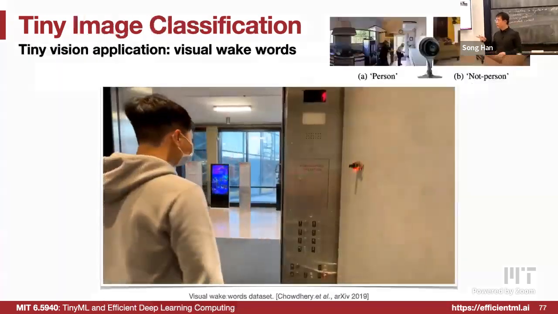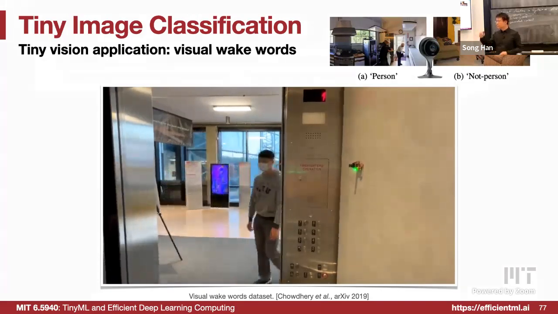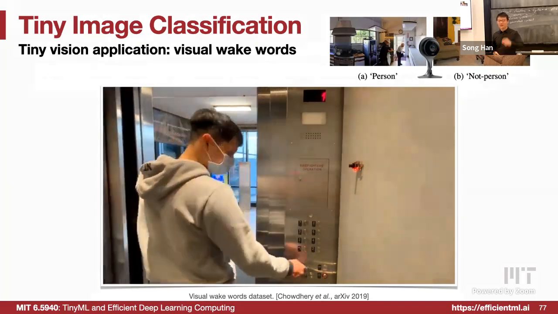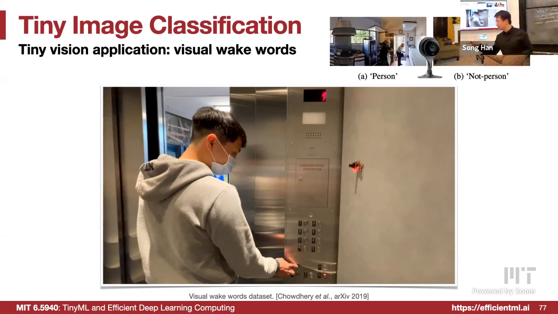We also have a demo from our TA, JPEG, and you can distribute the demo across everybody to take a look. You just place it in front of a person to see the lights. If there is a person in front of it, it'll be red. Otherwise, it should be green. The microcontroller without a screen is the visual wake words demo.